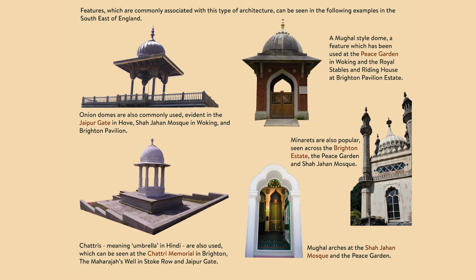And in terms of the geographical side of things, many of those domes are altered to take into account the poor light in this country as compared to India. So there's additional window lights in the dome in Pordon Stables, in the Shah Jahan Mosque, and indeed the Maharaj as well.